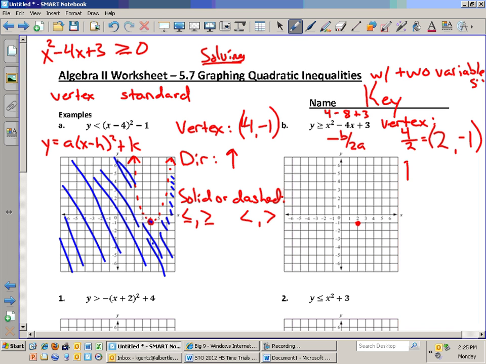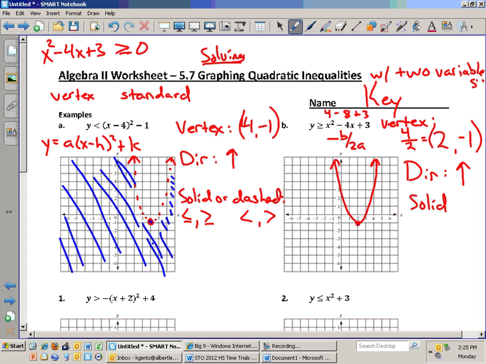Now I look for the direction. Is it up or down? It's up. Solid or dashed? Solid. I draw my graph. How do you know which side to shade?